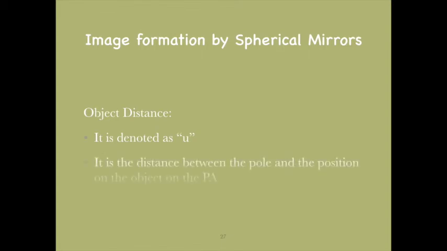Now let's learn what object distance is. This is denoted by a small u, and it is the distance between the pole and the position of the object on the principal axis. Now let's study the image distance.